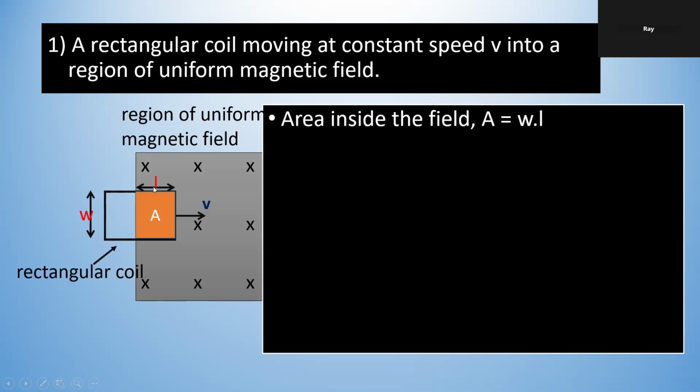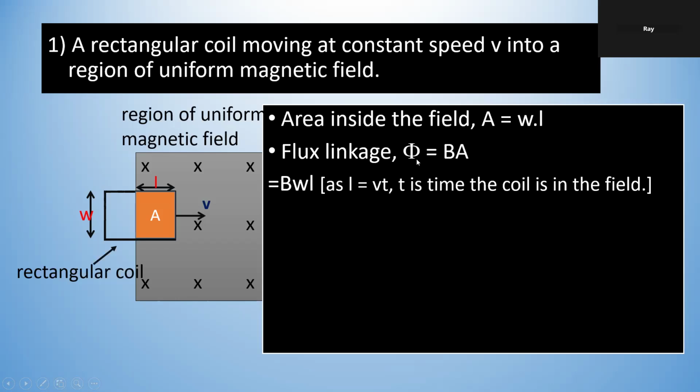So this area is L times W. Flux in this area is BA, and replace the A with WL.